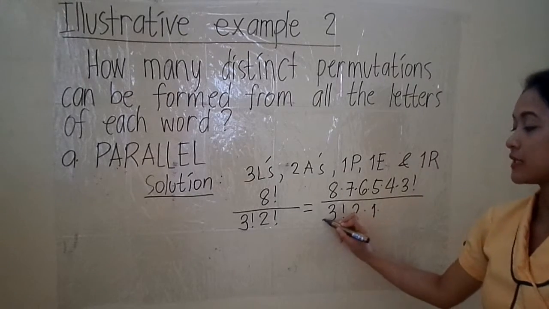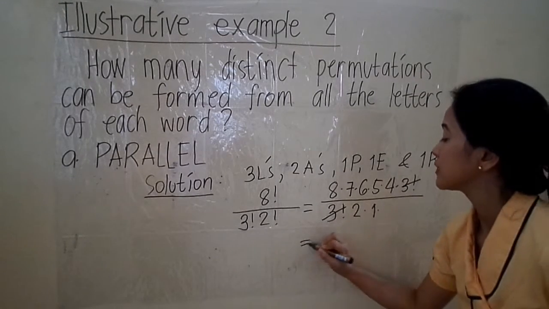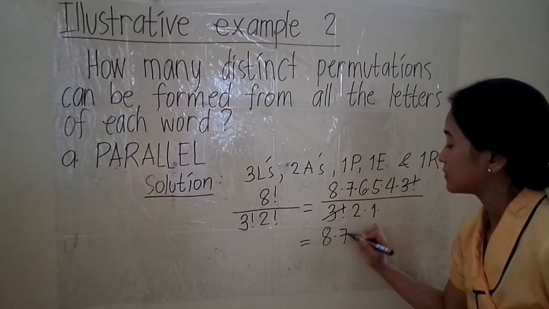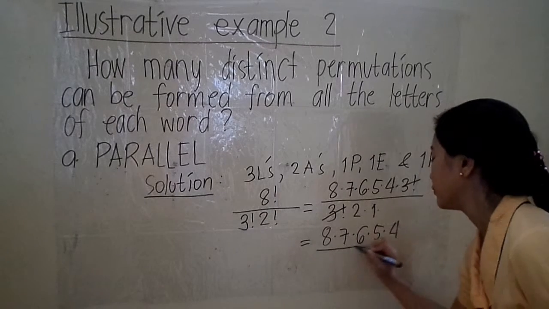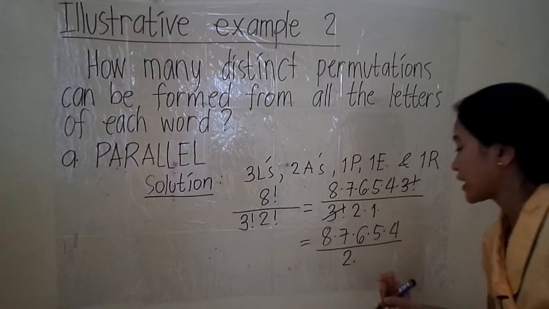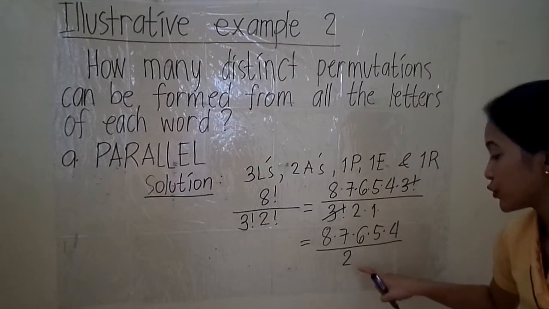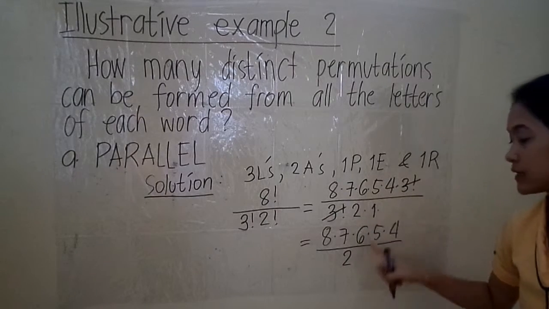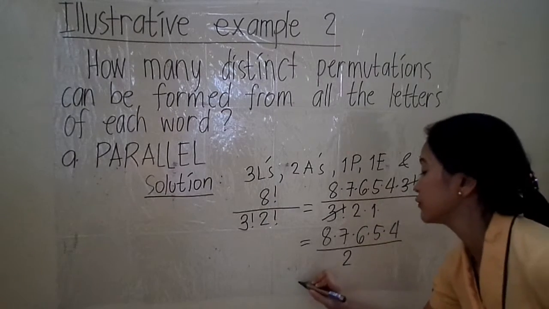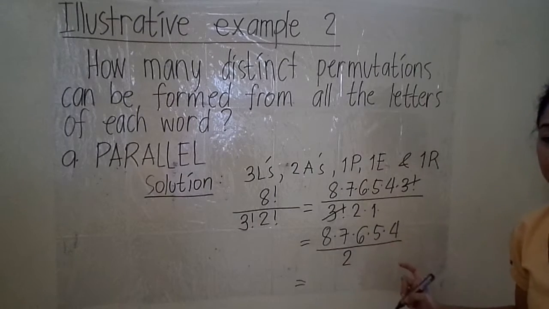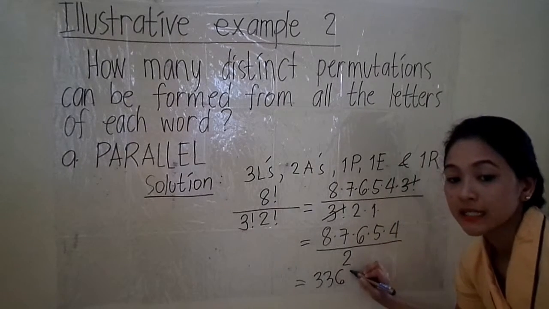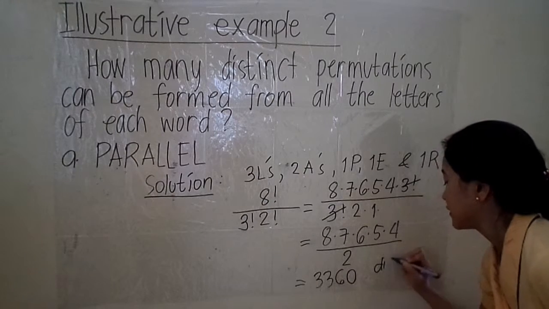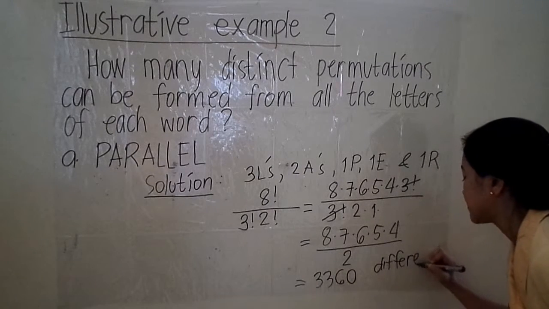So you cancel 3 factorial. This becomes 8 times 7 times 6 times 5 times 4 over 2 factorial, over 2, since 2 times 1 is 2. So we will not include 1. So the answer is 3,360 different ways.